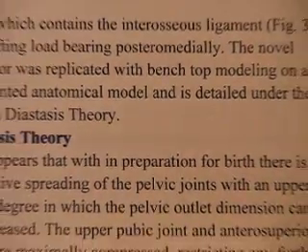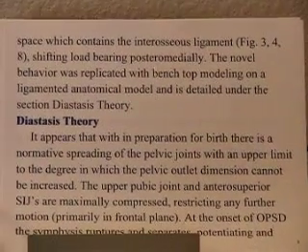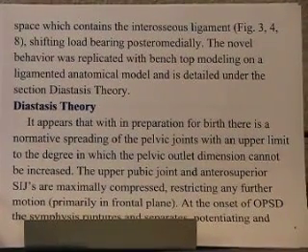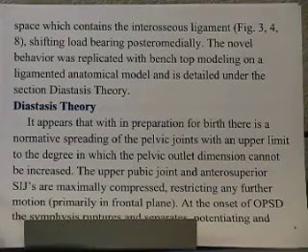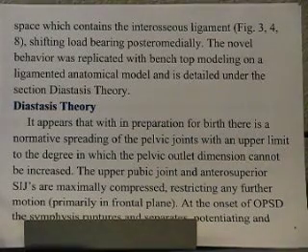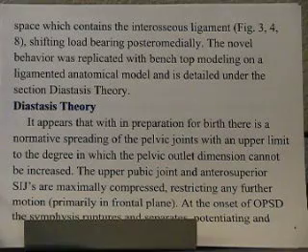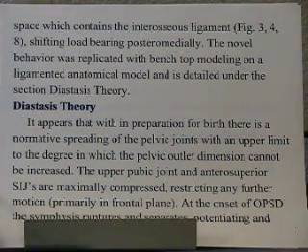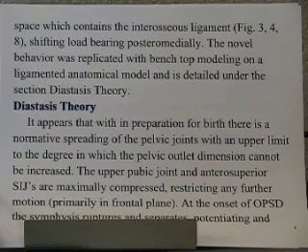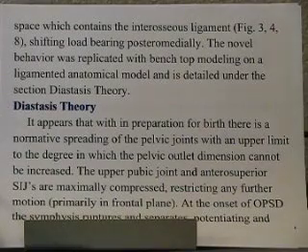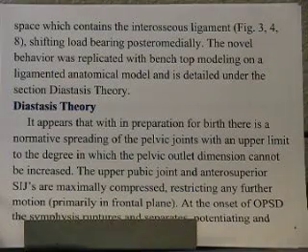So we will now talk about diastasis theory. It appears that in preparation for birth, there is a normative spreading of the pelvic joints with an upper limit to the degree to which the pelvic outlet dimension can be further increased. The upper pubic joint and the anterosuperior sacroiliac joints are maximally compressed, restricting any further motion, which occurs primarily in the frontal plane.